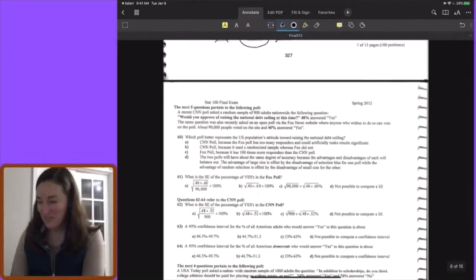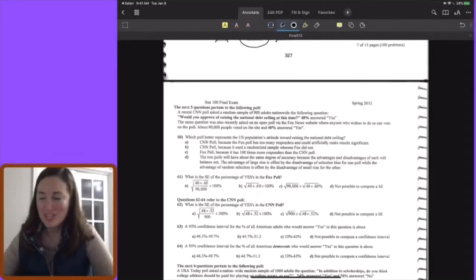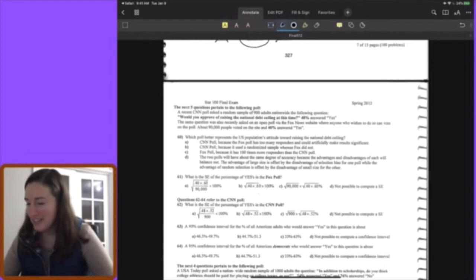Okay, next part. More polling. It says a recent CNN poll asked a random sample of 900 adults nationwide the following question: would you approve of raising the national debt ceiling at this time? 48% answered yes. Okay, this was from 2012. So it says, which poll better represents the U.S. population's attitude about this? Let's see. We have the CNN poll.